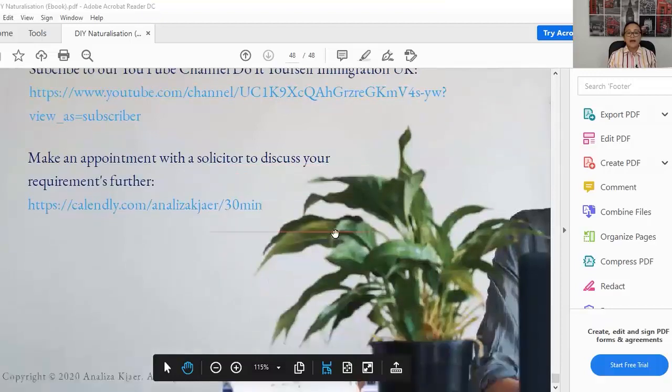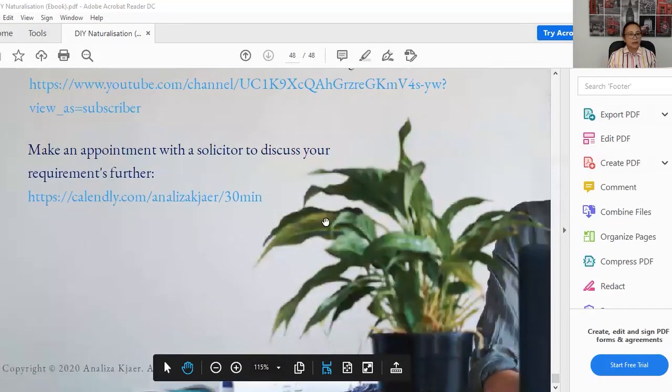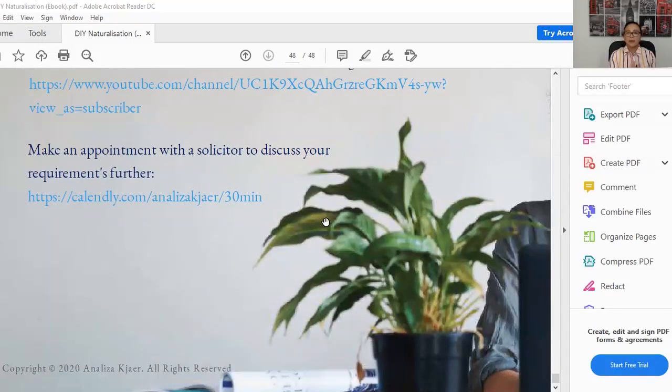Now, that's it for do-it-yourself naturalization. It's the most straightforward naturalization application in the world. If you have any questions you want to clarify, either on the good character requirement or the residency requirement, you can book an appointment here. That will be a 30-minute phone appointment, because it only takes 30 minutes to ask your questions.